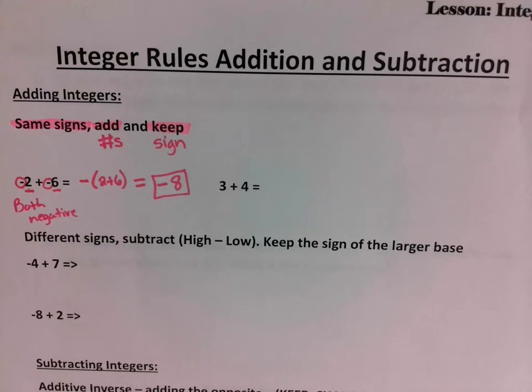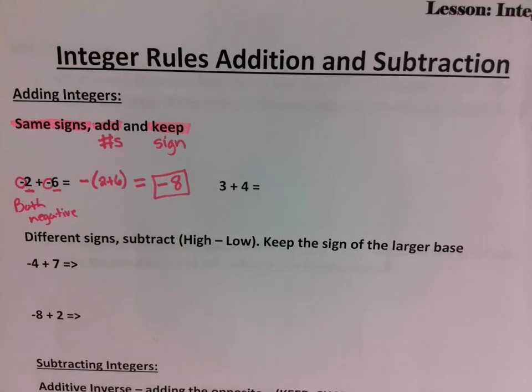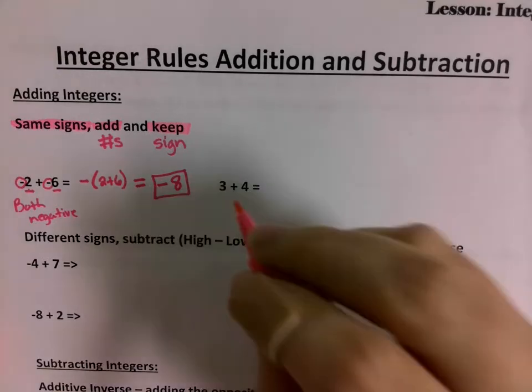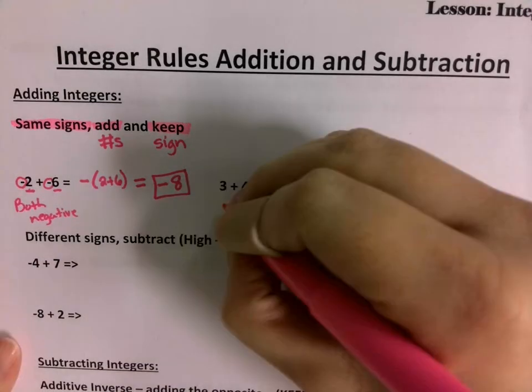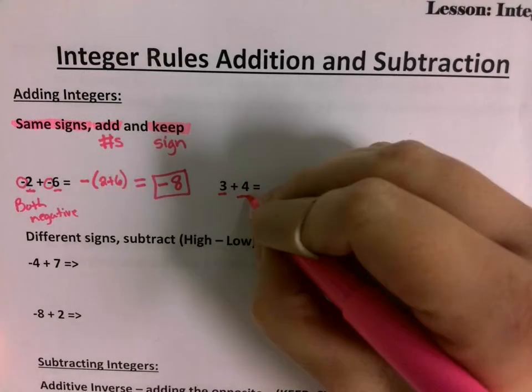Same thing with positives. You already know how to add positive numbers together. You've been doing that since kindergarten. If Kaya gave me $3 and then Angel gave me $4, how much money do I have? $7. Again, these are both positive.